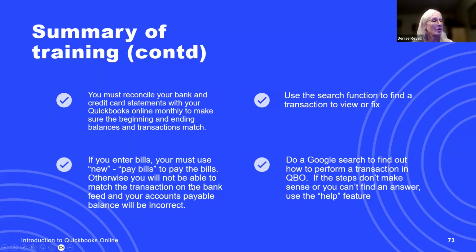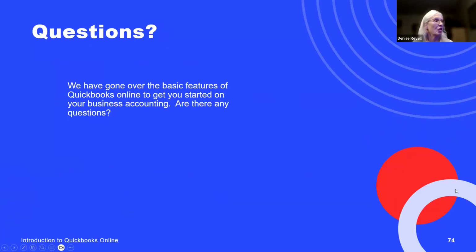Otherwise, you will not be able to match the transaction on the bank feed, and your accounts payable balance will be incorrect. So use the search function to find a transaction. Do a Google search to find out how to perform a transaction in QBO. And if the steps don't make sense or you can't find an answer, use the help feature.